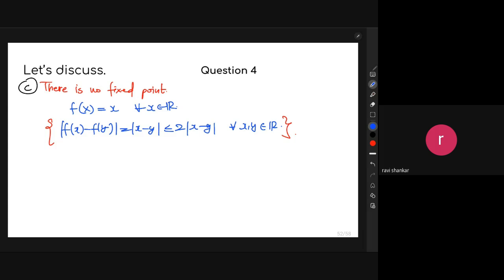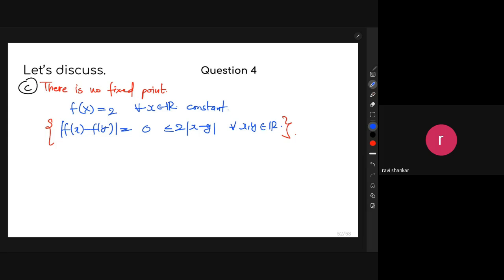Now if I take it to be constant, let's take it to be 2. This is a constant function. Clearly f(x) minus f(y) is equal to 0, which is smaller than 2 times |x minus y|.